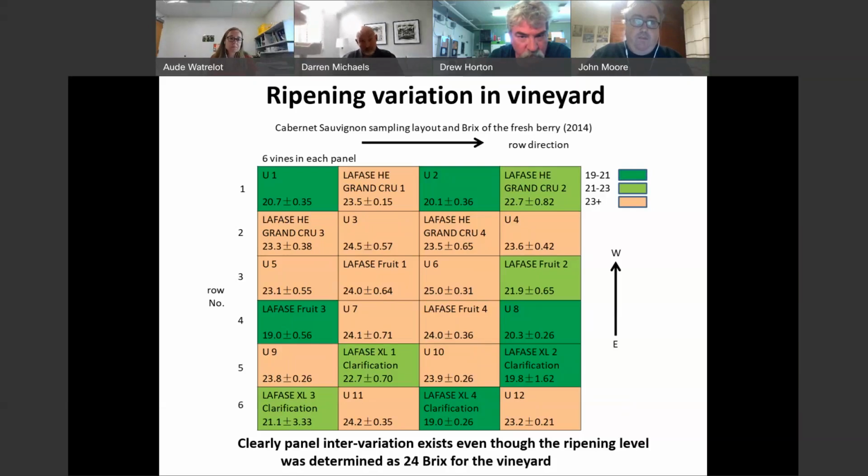So it went from 19 Brix up until at the higher end 24 to 25 Brix, even though it was all supposed to be 24 Brix, in the ideal world. So what we did is we treated adjacent panels as controls and untreated sections. And we used 3 enzymes, Lafay's Grand Cru, Lafay's Fruit, and Lafay's XL clarification.